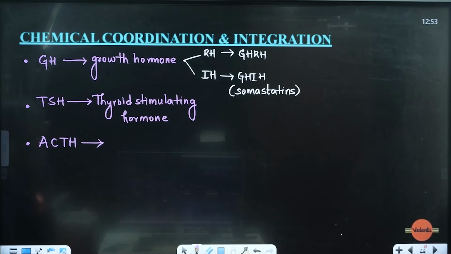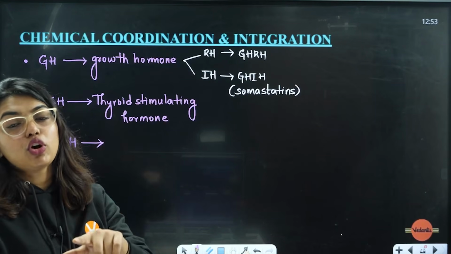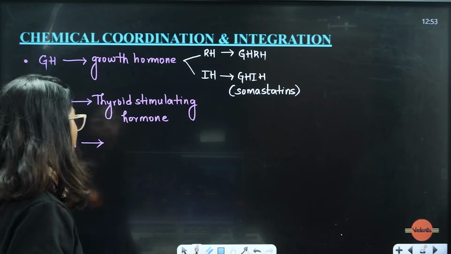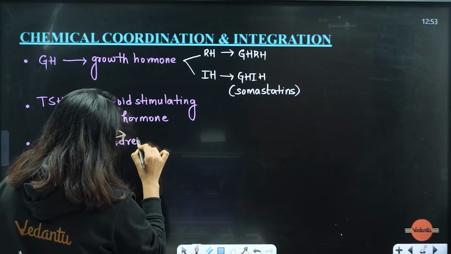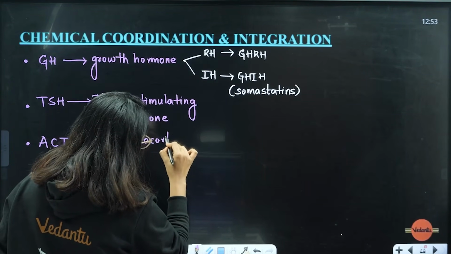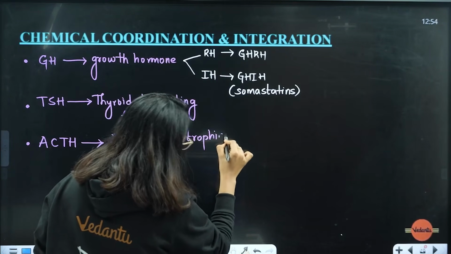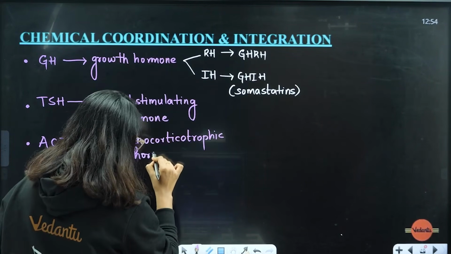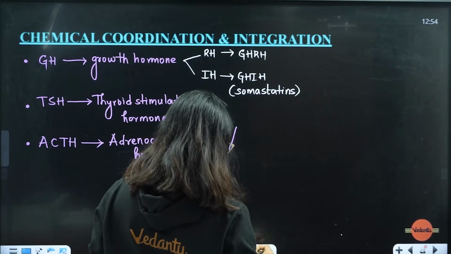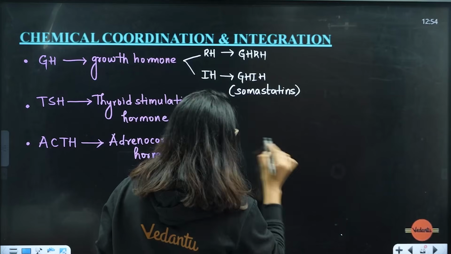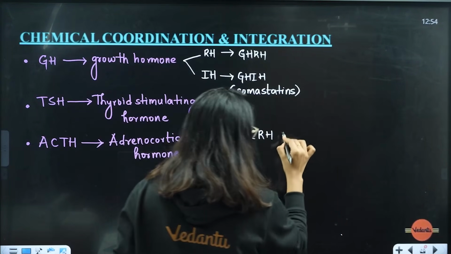You can also write gonadotropin hormones. You can also write CRH, corticotropin hormone, or you can write adrenocorticotropic hormone. Otherwise, you can also write CRH, that is corticotropin releasing hormone.